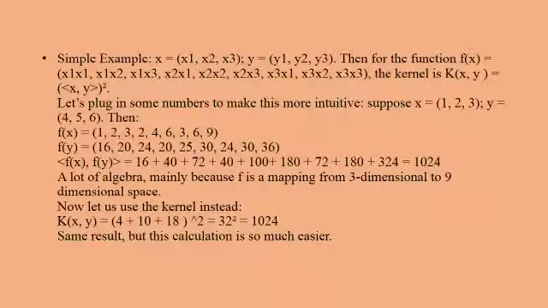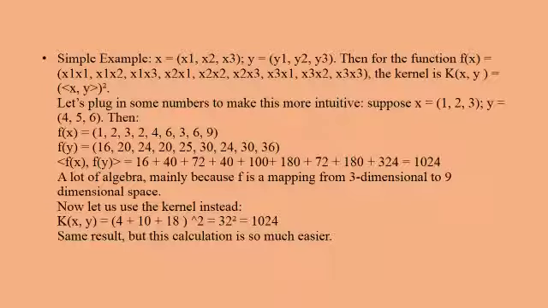The kernel is k of x comma y is equal to the dot product of x and y, whole squared. Suppose x is equal to 1, 2, 3 and y is equal to 4, 5, 6. Then f of x is equal to 1, 2, 3, 2, 4, 6, 3, 6, 9. Then f of y is equal to 16, 20, 24, 20, 25, 30, 24, 30, 36.